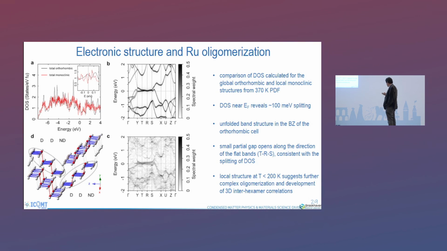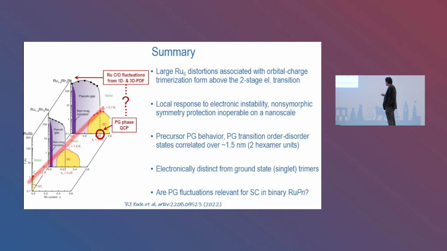Let me conclude by saying that large ruthenium hexamer distortions are found associated with the orbital charge trimerization above the metal-insulator transition and above the pseudogap phase, which presumably represents a local response to the electronic instability of the Fermi surface. In that context, non-symmorphic symmetry protection is not operable locally on a nanoscale.